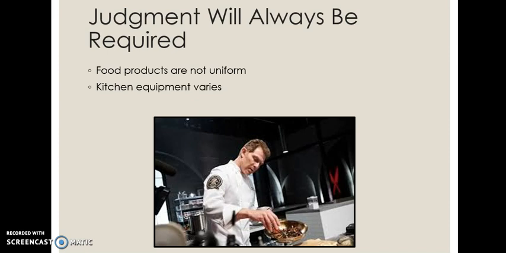Remember, all food products are not uniform. This is why having calorie counts on menus is so tricky for us, especially if we're making things from scratch. Those of you who have ever made, let's say, apple pie know that you could be using Granny Smith apples, but depending on which orchard they came from or how long they've been picked, their sugar content is quite different.